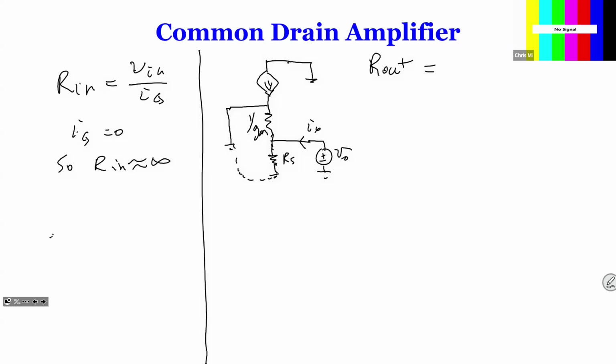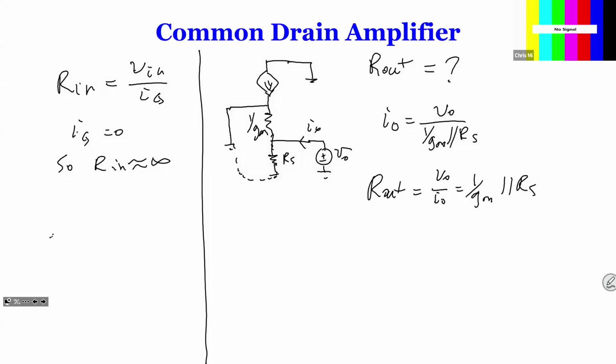So that means I can calculate IO equal to VO over 1 over GM in parallel with RS. Therefore, R out is going to be VO over IO, equal to 1 over GM in parallel with RS. Particularly, let's say 1 over GM is 100 ohm, RS is 10K.